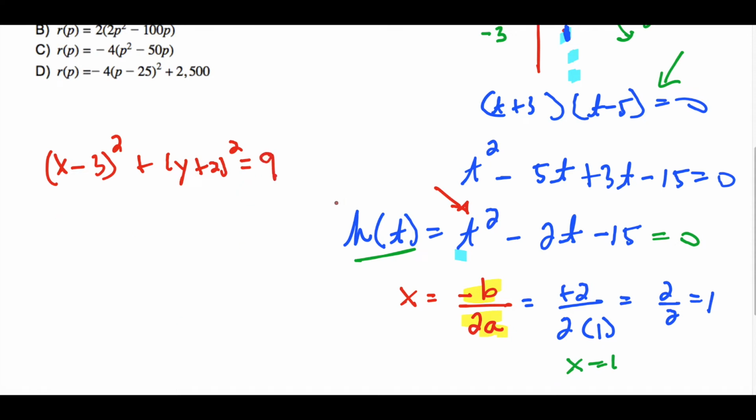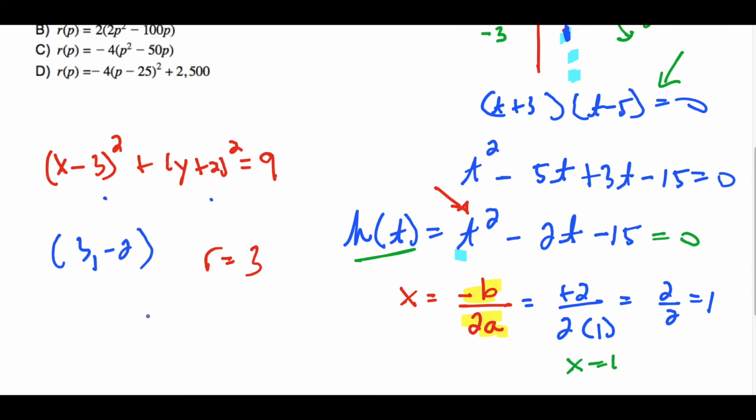Do you know that's a circle? We can tell a couple things about the circle. We know the radius. What's the radius of the circle? Is it negative 3? This value here is r squared. So it's 3. So yeah, the radius is 3. And we also know the center of the circle. The center is just opposite sign, comma, opposite sign. So the center of the circle is 3, comma, negative 2.